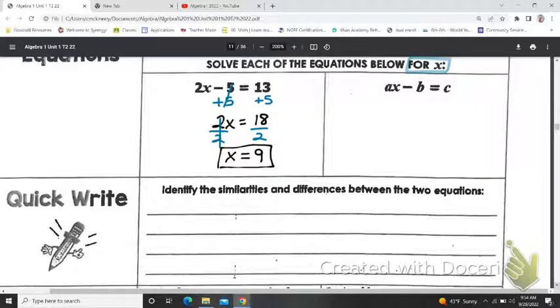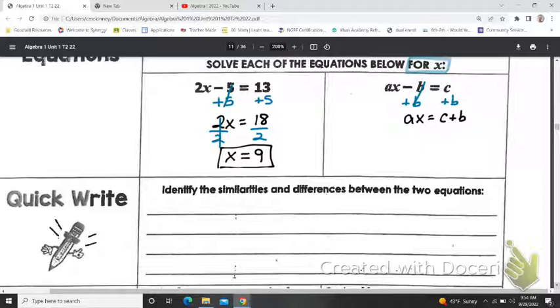So for x, I'm trying to get that x by itself. So just like we did on the left, we'll undo the subtraction by adding. But what's different about that addition step is we can't actually add C and B together because they're not like terms. So the best we can do is just write them next to each other.